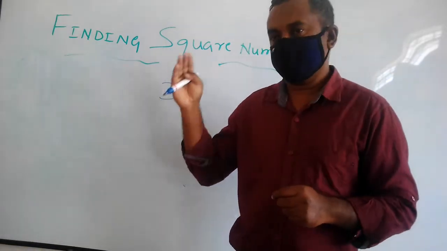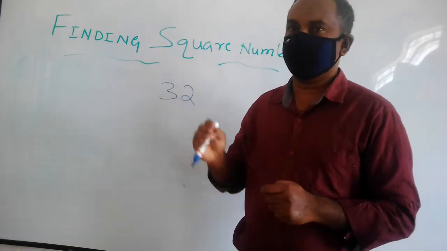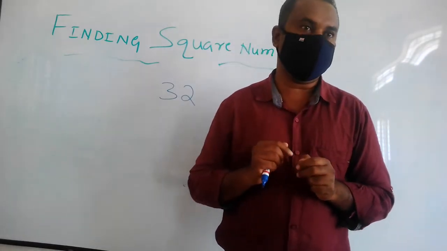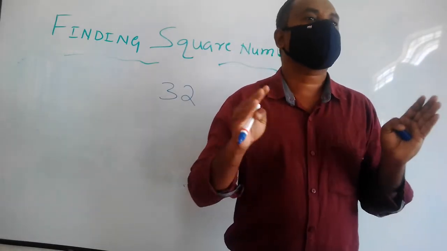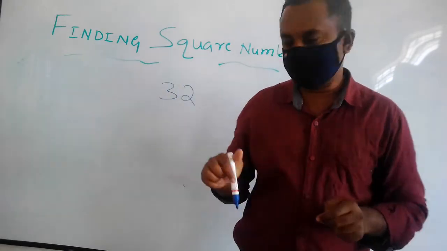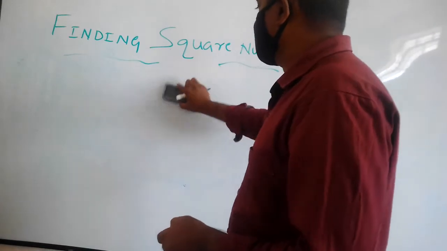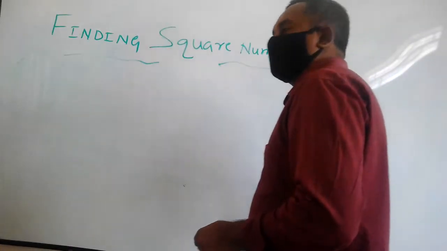But there is one way of finding a square number using algebraic identities. Using algebraic identities, we can find the square of any number. Which square identities are used?